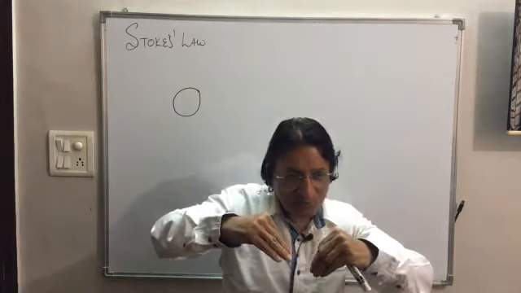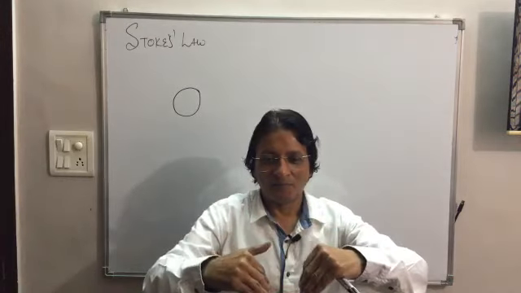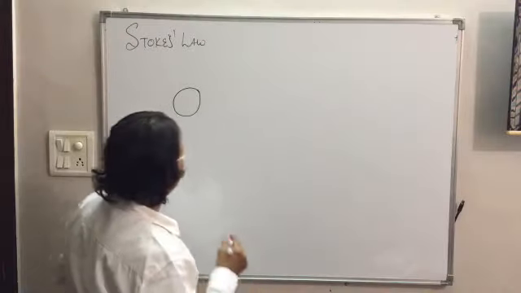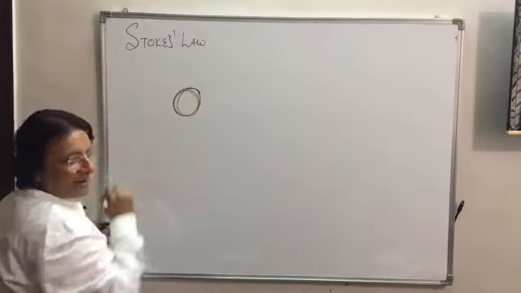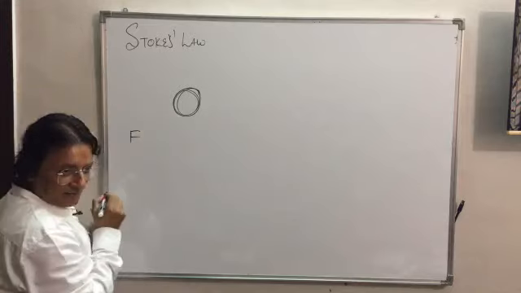This is one layer. As the ball comes here, the layer moves and then breaks. Then the second layer moves and breaks, and the third layer moves and breaks. So this spherical ball experiences an opposing force, which is called viscous drag.